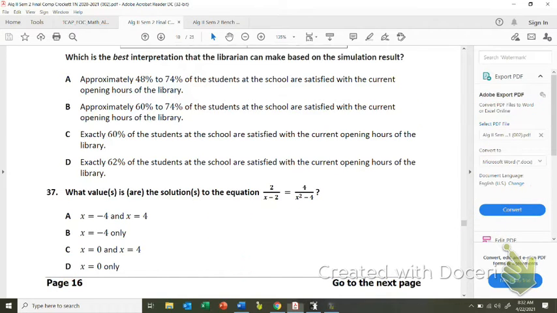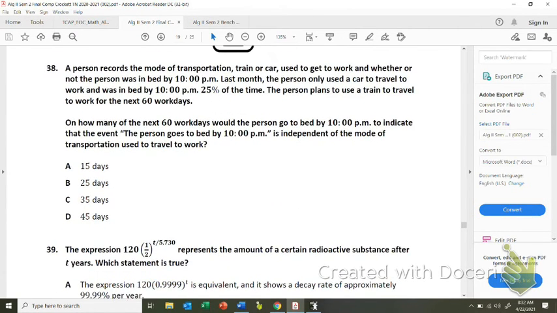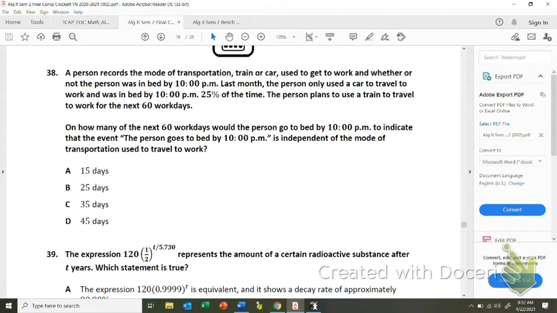All right, 38. A person records the mode of transportation, train or car, used to get to work and whether or not the person was in bed by 10 p.m. Last month, the person only used a car to travel to work and was in bed by 10 p.m. 25% of the time. 25 is an important part here.